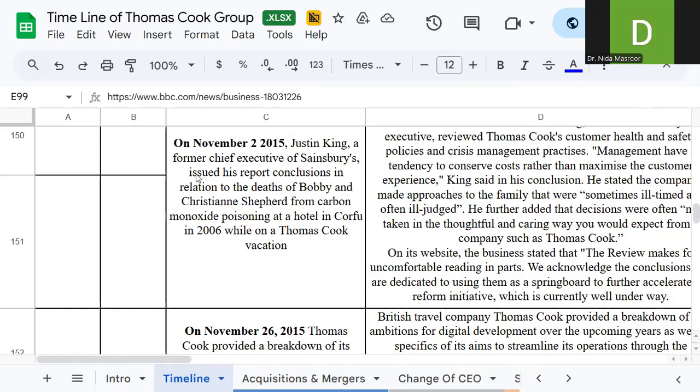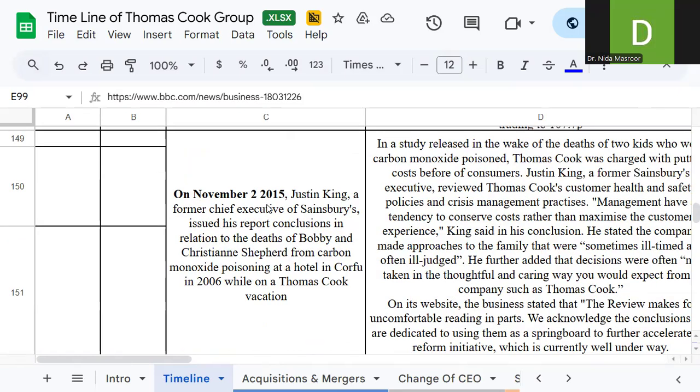As you can see, this is an event reported in 2015, and in this particular event of 2015, the event that occurred in 2006 is also reported, because that was a long case. The parents of those children filed a case against the company, and they had to face a legal battle between the two parties.